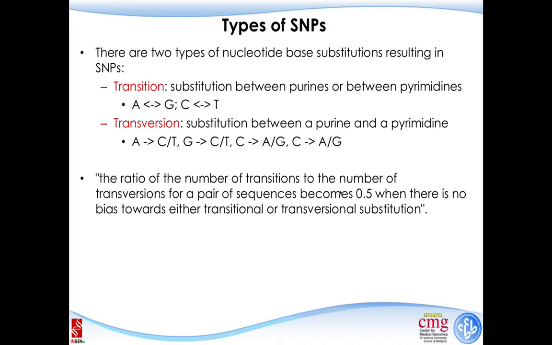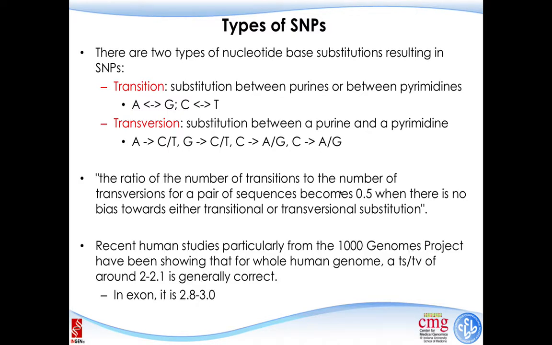So let's say if I have an A, I have twice the chance that it becomes a transversion, because I have 2 more letters to be changed to compared to transition, which is only 1 letter to be changed to. Okay, so if every change is random, the transition transversion ratio should be 0.5. Does that make sense? Because for the transition, you have only 1 way to go. Well, for the transversion, there are 2 ways to go.